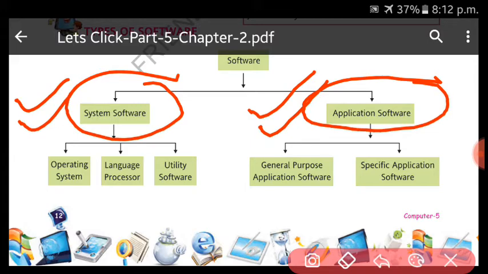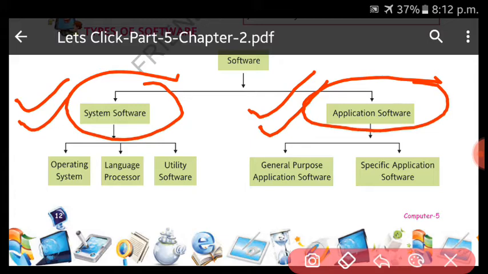Remember, by system software we make our computer system workable. For example, an operating system, for example Windows. Windows is an example of an operating system which makes our hardware workable, so it is system software.